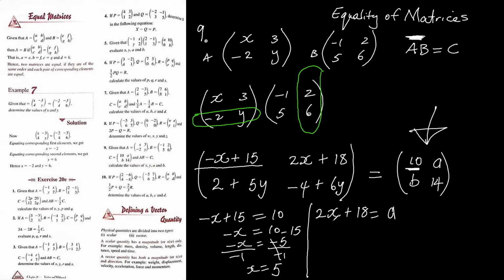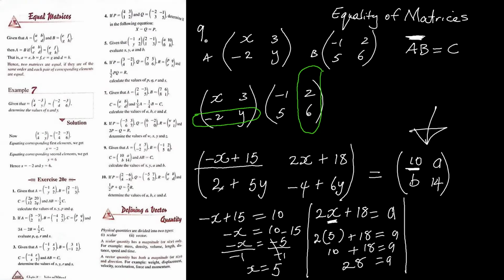But Ezekiel, do we know what x is equal to? What is x equal to? 5. So that's 2 times 5. So that's 10 plus 18. It's A, which is 28. So A is 28.